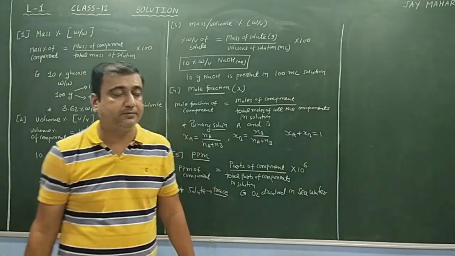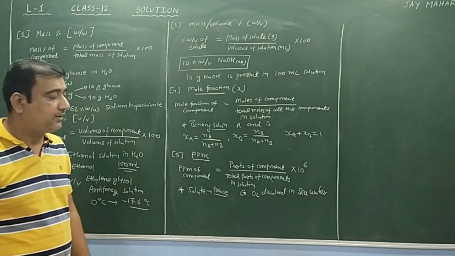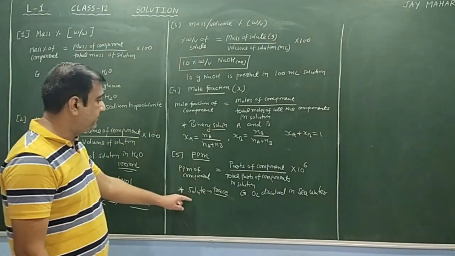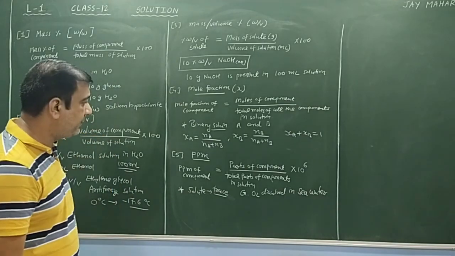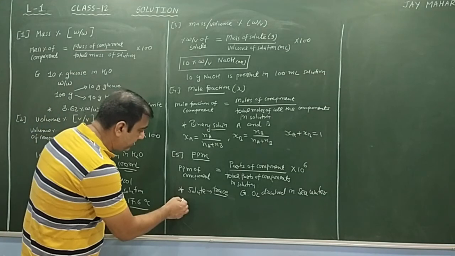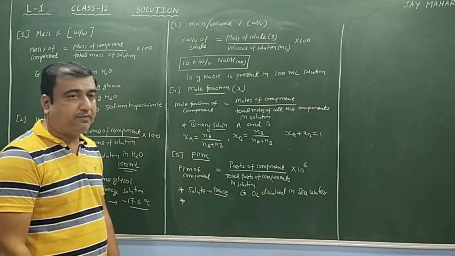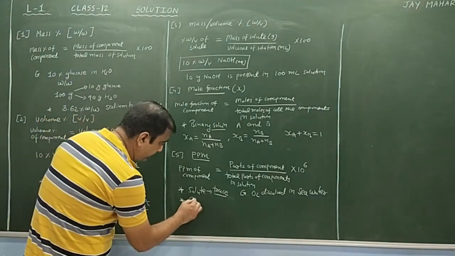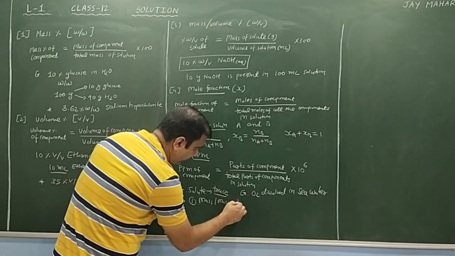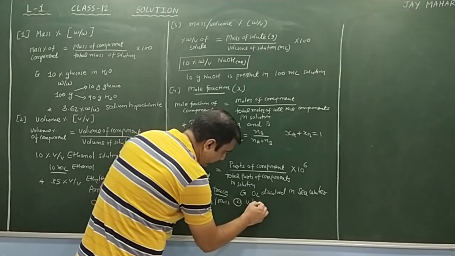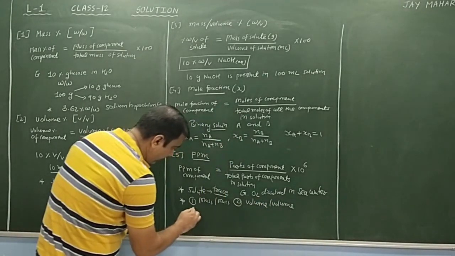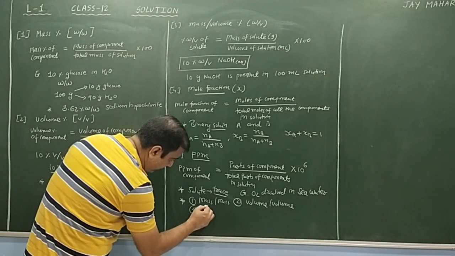Otherwise, various pollutants present in the atmosphere can also be expressed in ppm. That means when the solute is present in a very small amount, the ppm method is used. ppm can be expressed in three ways. One is mass to mass ppm, second is volume to volume ppm, and third is mass to volume ppm.